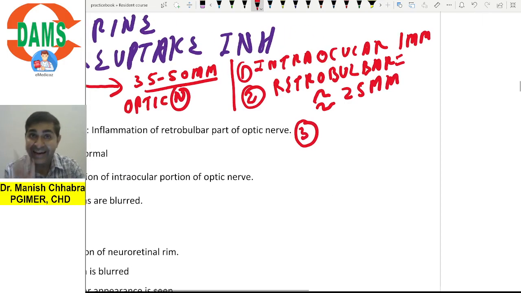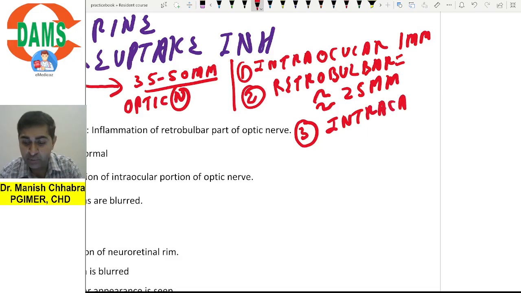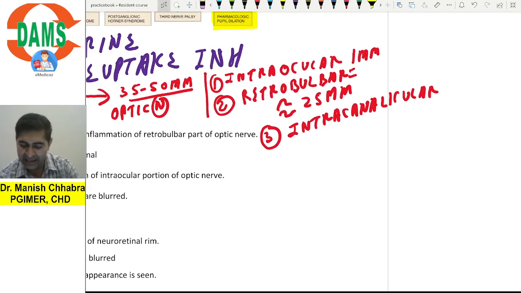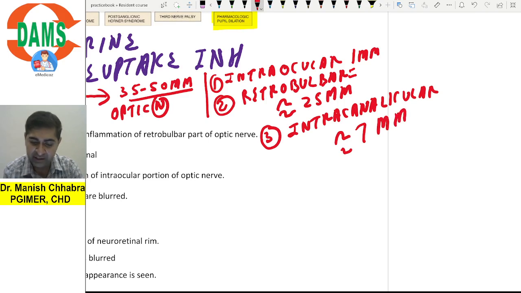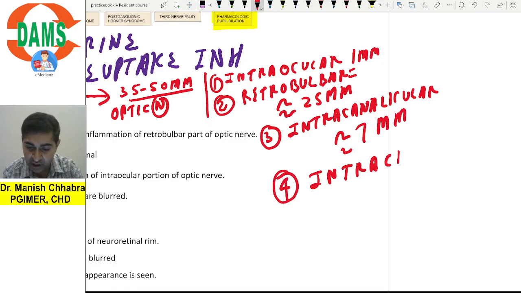Then we have the intracanalicular portion, which lies inside the optic canal. It is approximately 7 millimeter. Then we have the intracranial portion, which lies inside the cranium.